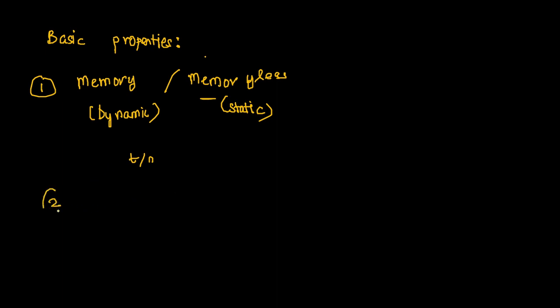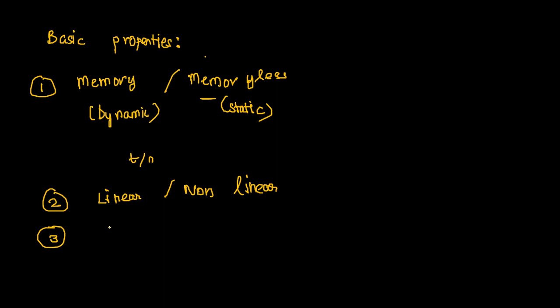So the second property is whether it's linear or non-linear. We'll be covering each property in detail and how to actually write the answer after we talk about the basics of all five properties. So a linear system is a system which satisfies the superposition theorem, and a nonlinear system is one that does not satisfy this theorem.